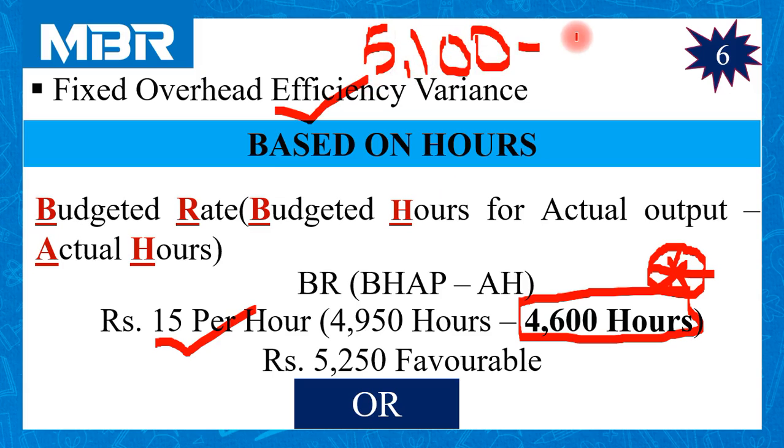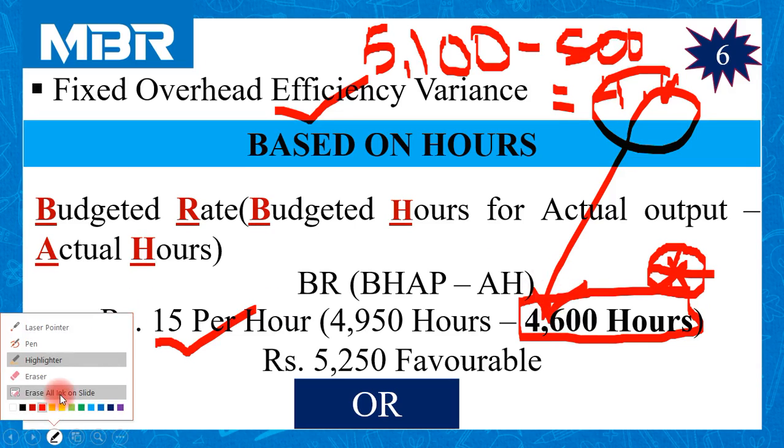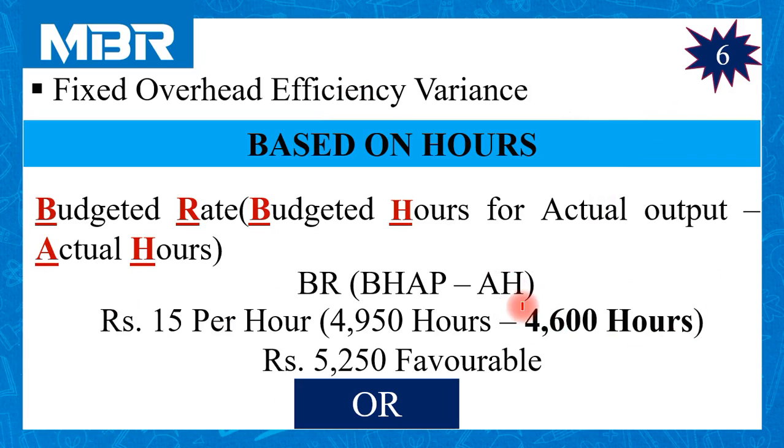Out of these 5,100, 500 hours are unproductive. So the difference is 4,600 hours, and these 4,600 are mentioned over here. So using these 4,600 hours, that is actual productive time, we need to calculate efficiency variance. This is the first variance where the information of IT is affected.